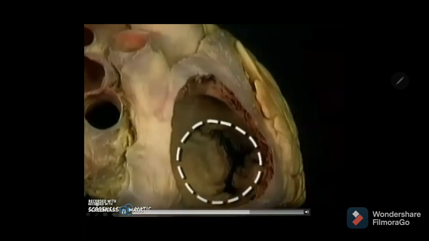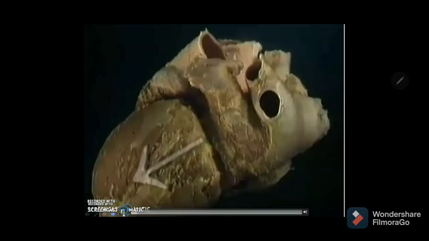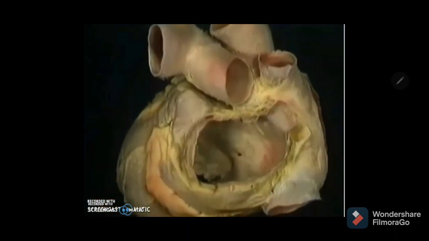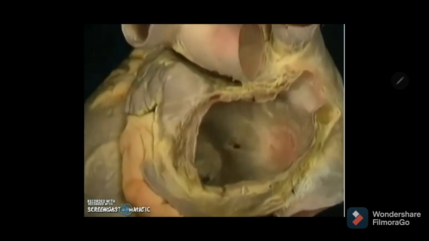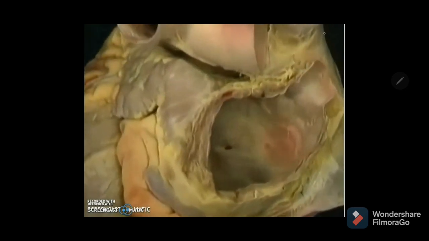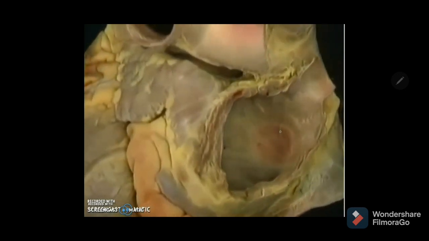So here we are just revisiting the features we have seen, and coming to the interior of the left atrium, it is similar to the right atrium. It also has the anterior rough part and posterior smooth part. The blood flows from the left atrium to the left ventricle via the mitral valve, or bicuspid valve. Here also you can see the septal wall.